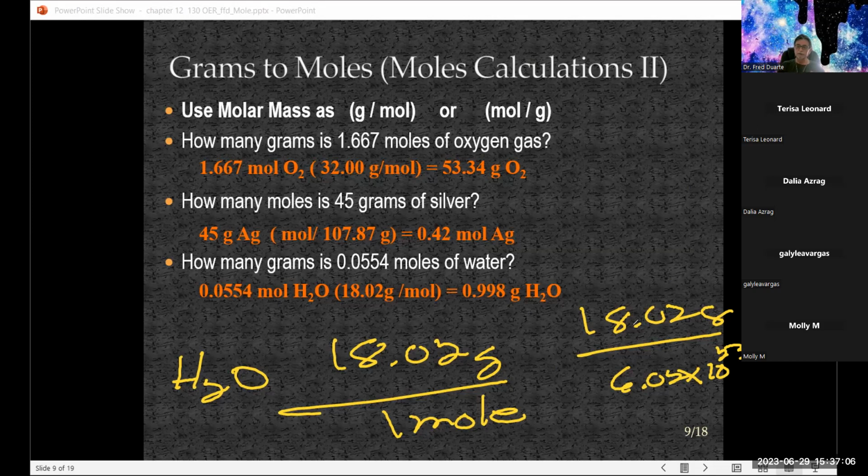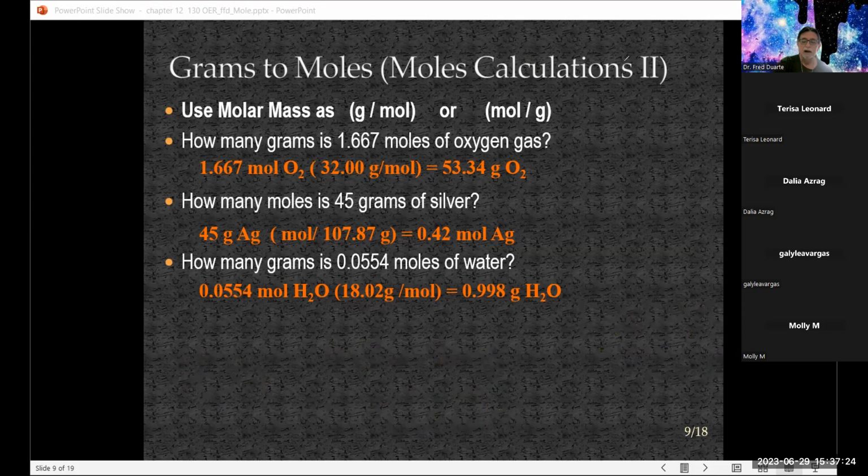And if you think about the 70, 80, 90% water in our body, imagine the number of molecules of water we have just in our body. It just boggles the mind, at least it boggles mine. All right, next one.